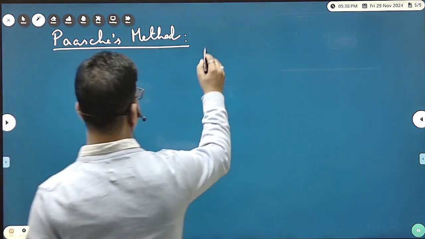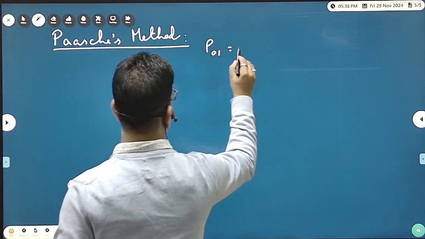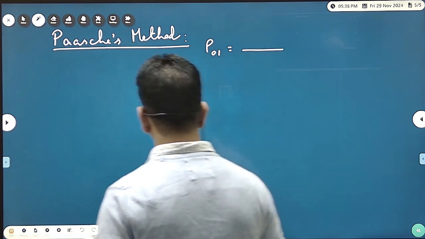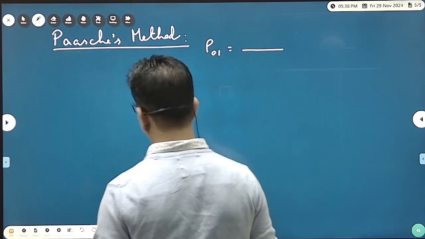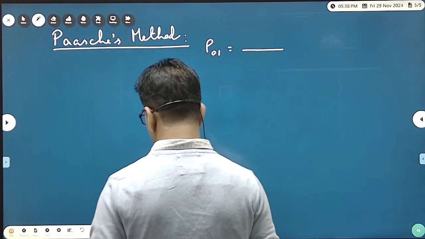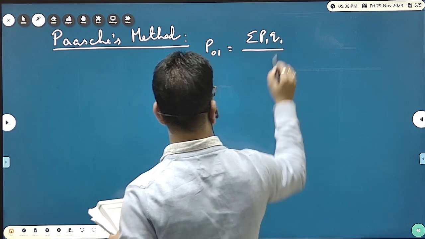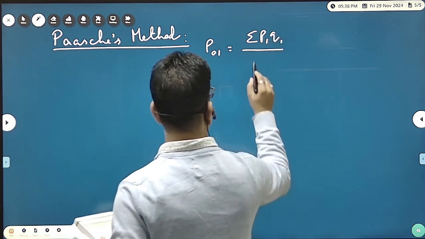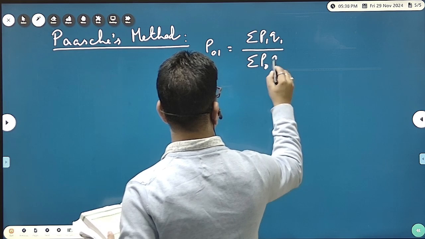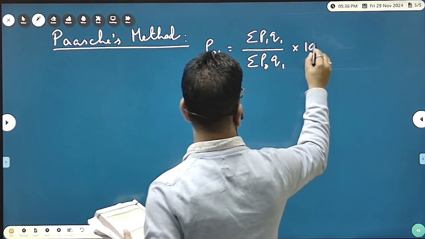Once I write the formula, you will understand why this formula and what difference he made compared to Laspeyres' method. So it is summation of P1 Q1 divided by summation of P naught Q1 multiplied by 100.